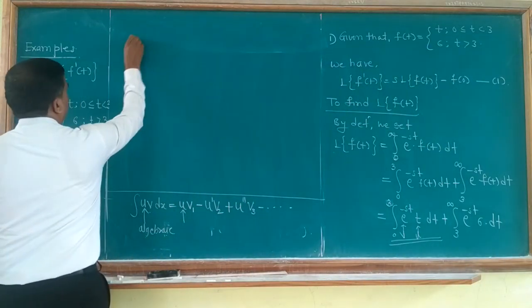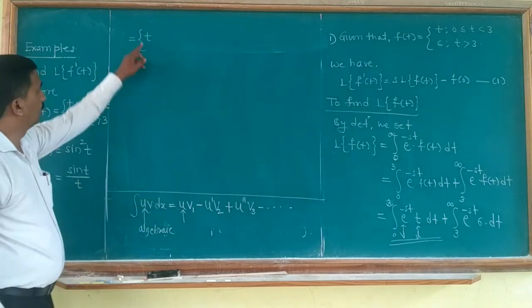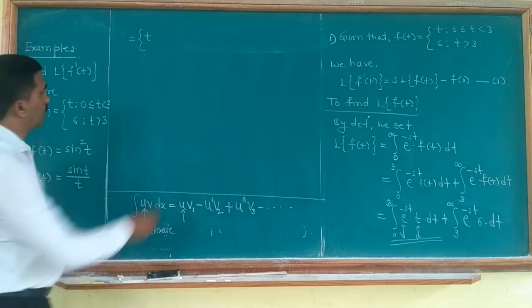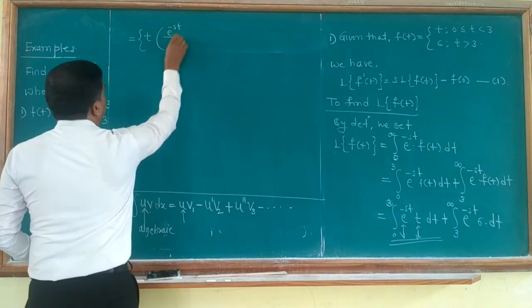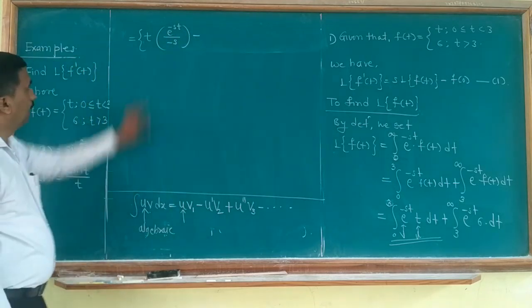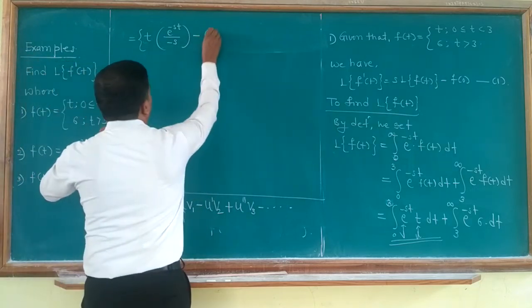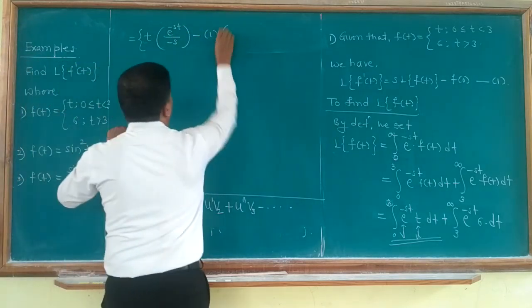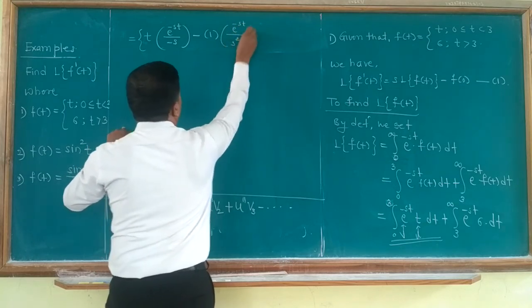So this is equal to: first we write u as it is, and integration of e raised to minus st, so here we get e raised to minus st divided by minus s. Next sign is minus. Again you have two terms, derivative of first, that is 1, and integration of second, you will get e raised to minus st divided by s square.